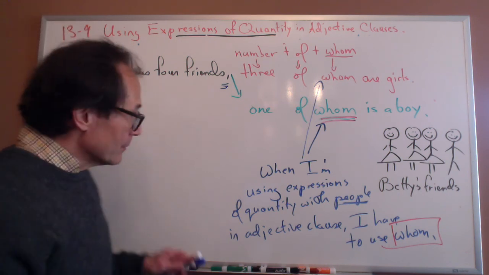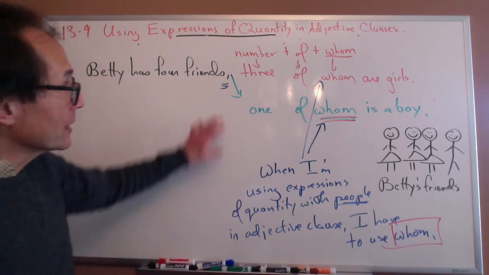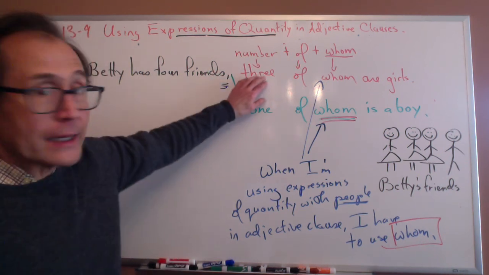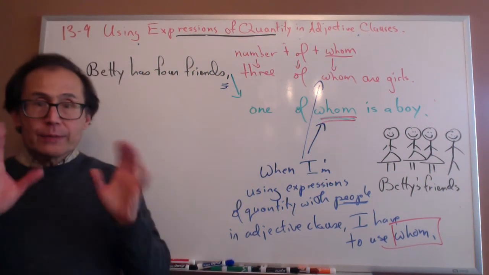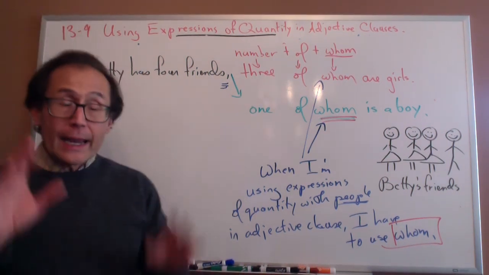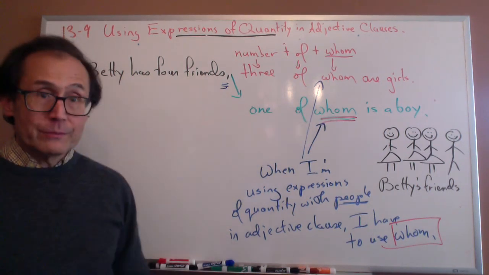But the important thing that I want you to know here is when I'm saying how many there are in an adjective clause, and I'm talking about people, then I use whom.